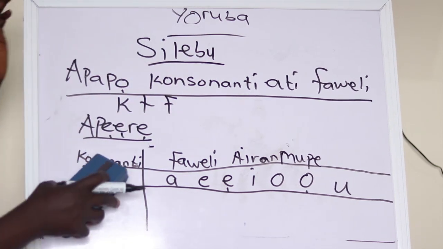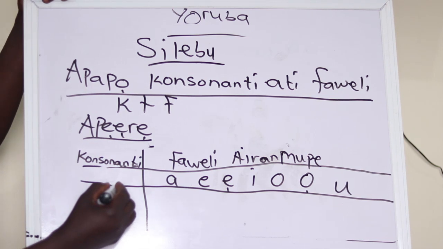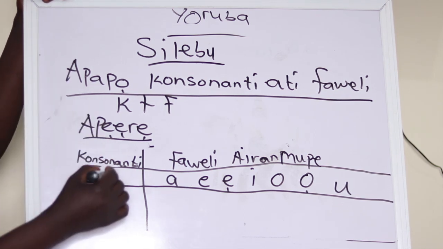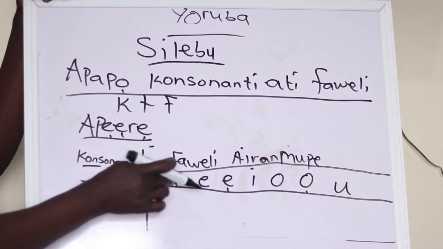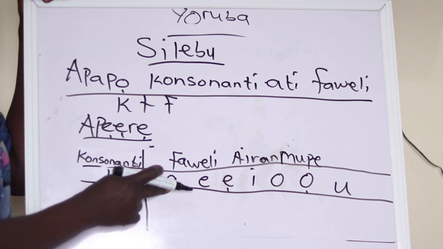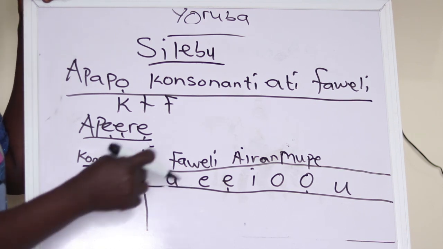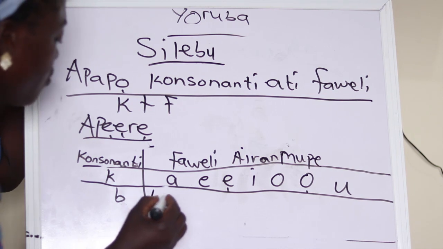I will write it down. This is B. This is consonant. This is B. You now write B. You take one here out of this vowel. Faweli. This is consonants. You now write B, A.